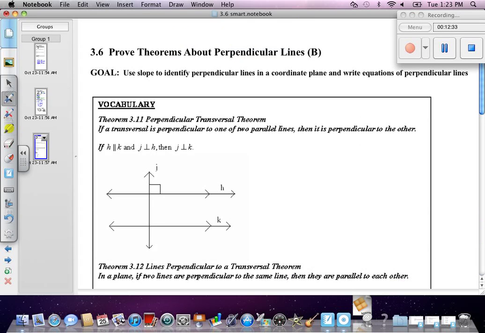Alright. We've got 3.11, which says perpendicular transversal theorem. If a transversal is perpendicular to one of two parallel lines, then it must be perpendicular to the other.